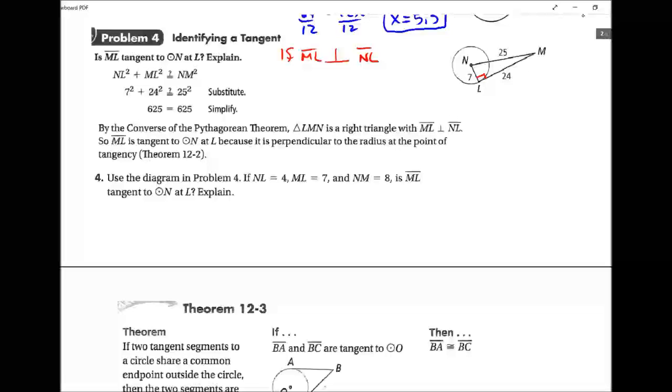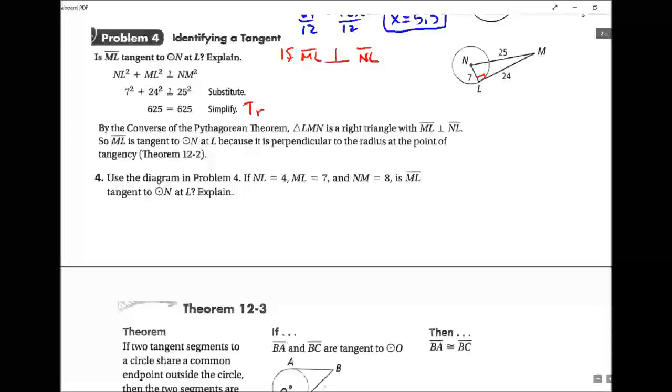And if you remember back to our right triangle problems, way back in chapter 7 or 8, where we learned about, is it a right triangle? Well, if the Pythagorean theorem is true, then it's a right triangle. So we simply put our numbers into our Pythagorean theorem.